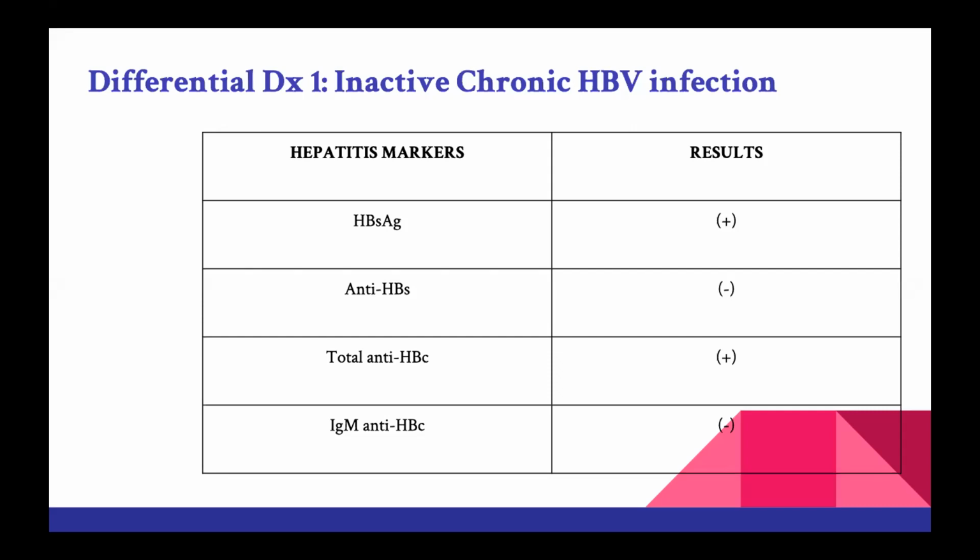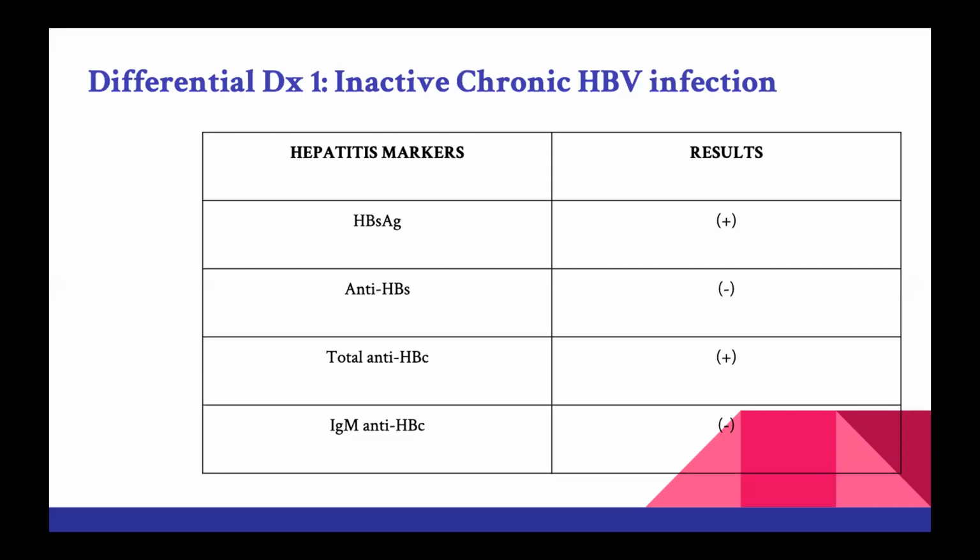This indicates evidence of HBV infection. If the HBs antigen is present for more than 6 months, it may indicate viral persistence and implies chronic infection. Next, we have a positive total anti-HBc antibody, which indicates a previous or ongoing HBV infection.